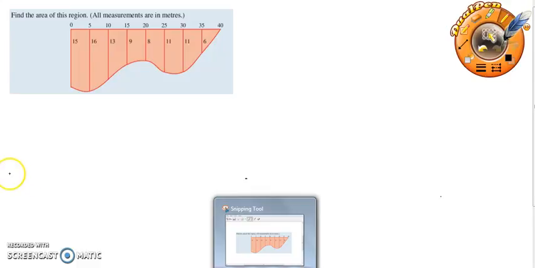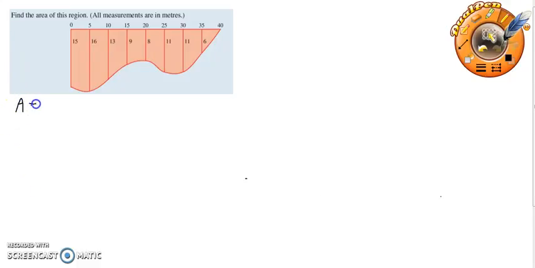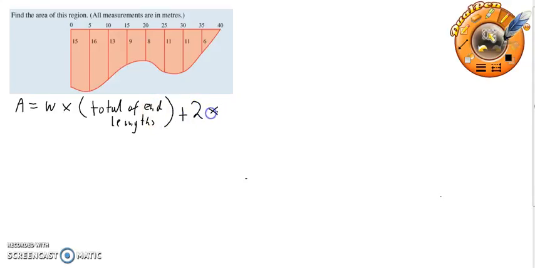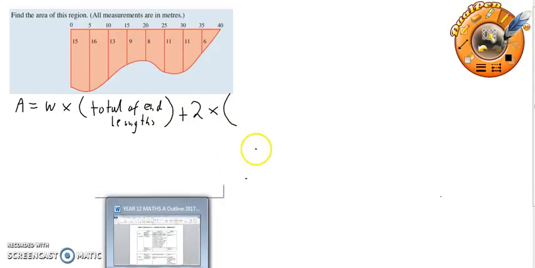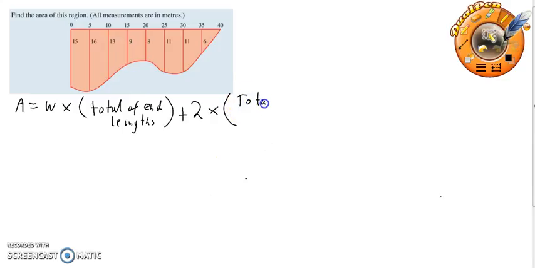So we write down our formula: the area equals the width multiplied by the total of the end lengths, plus 2 times the total of the middle lengths.